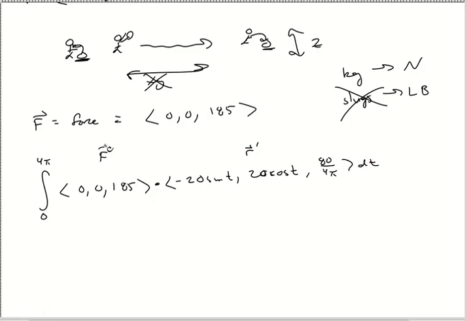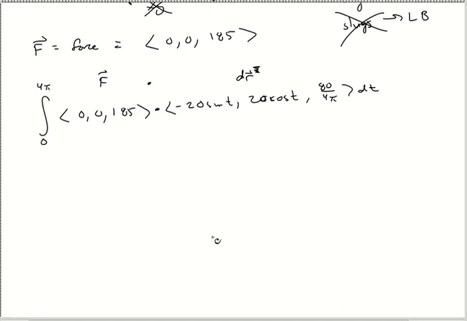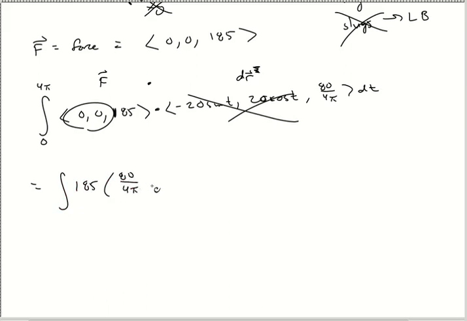So this is F dot dr, essentially. When you dot product, it's actually kind of funny because these zeros are going to cancel out all that stuff, and so you're just left with 185 times 80 over 4 pi dt, and again it's 0 to 4 pi here.